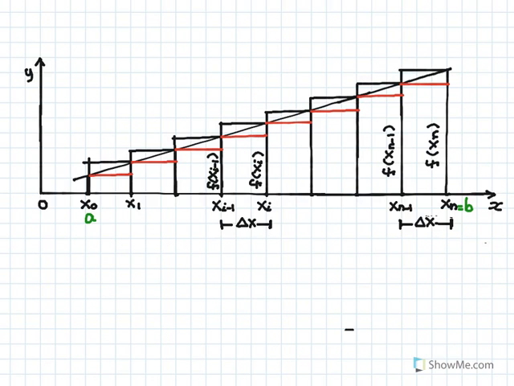Alright, so now let's look at Rn, which is a right-hand Riemann sum. Rn is equal to f of x1 times delta x.